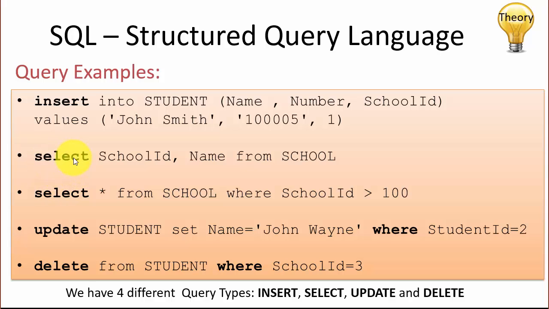We have the select, when we want to get data from one or more columns in one or more tables. And then we have the update command that we use if we want to change some of the data in the database. And then if we want to delete data, we can use the delete command like this.